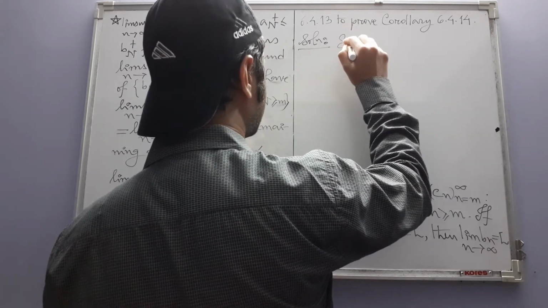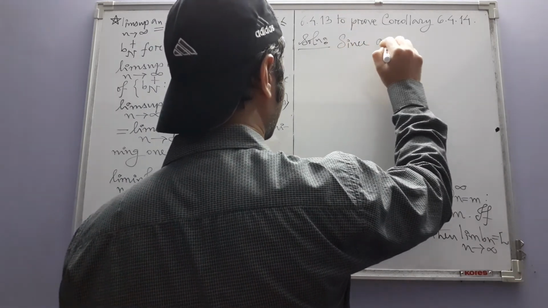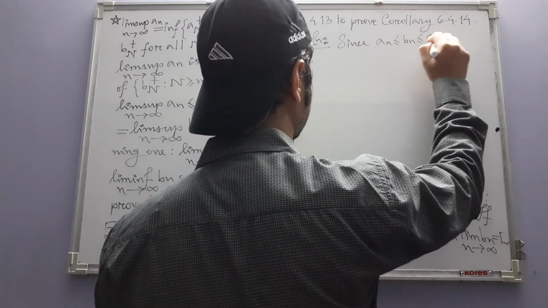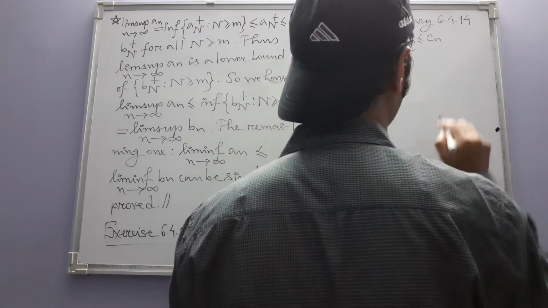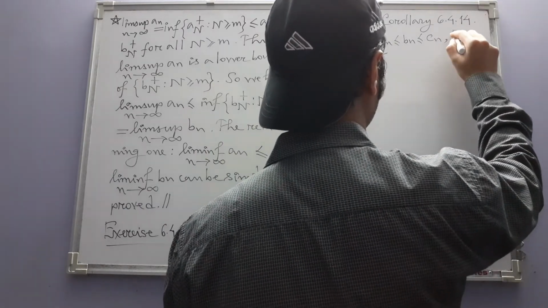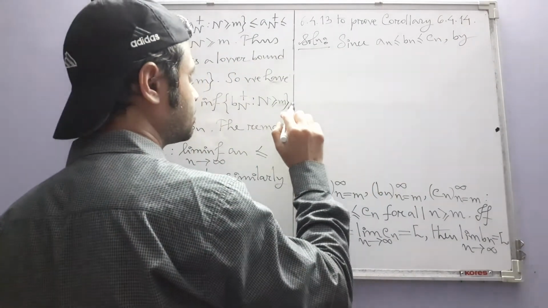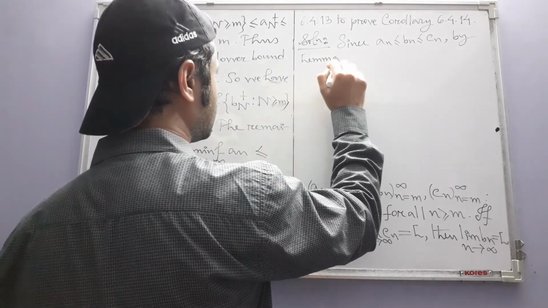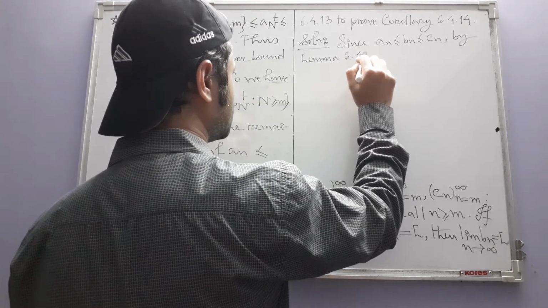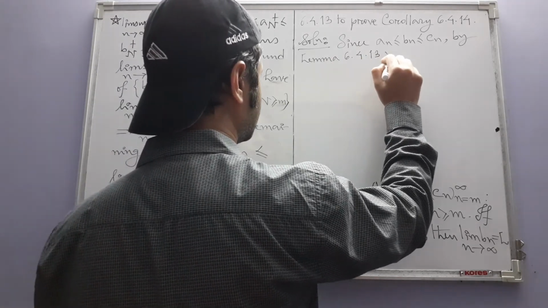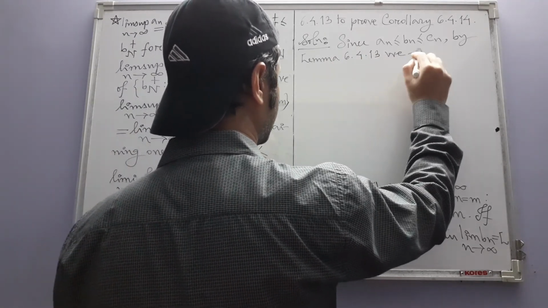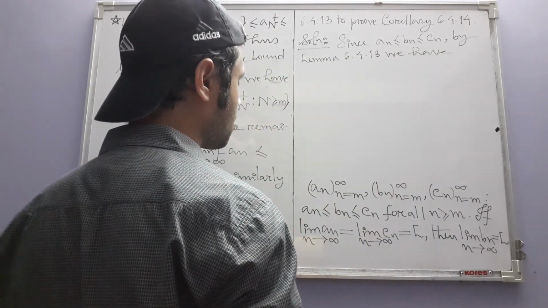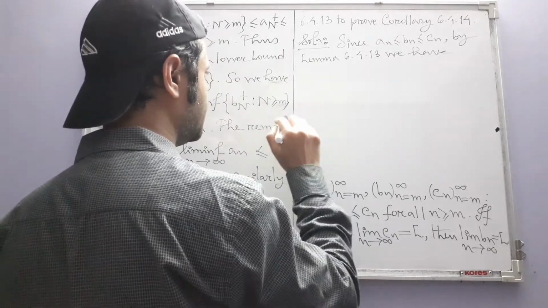Since a_n is less than or equal to b_n and b_n is less than or equal to c_n, by lemma 6.4.13, we have these things.